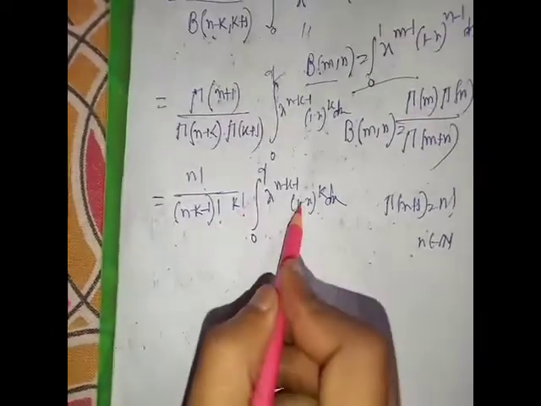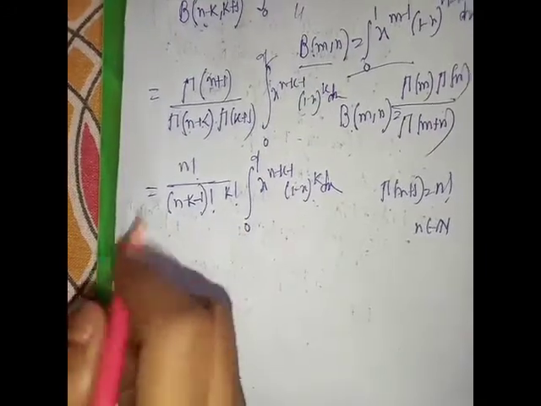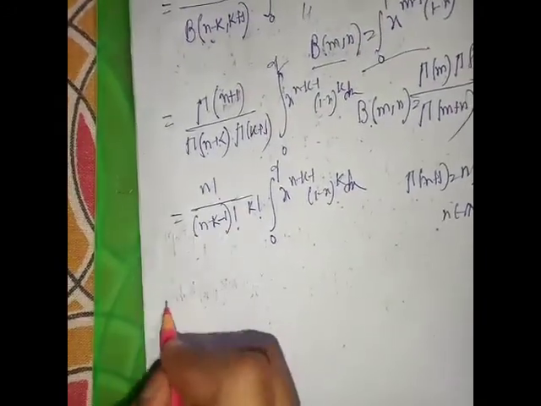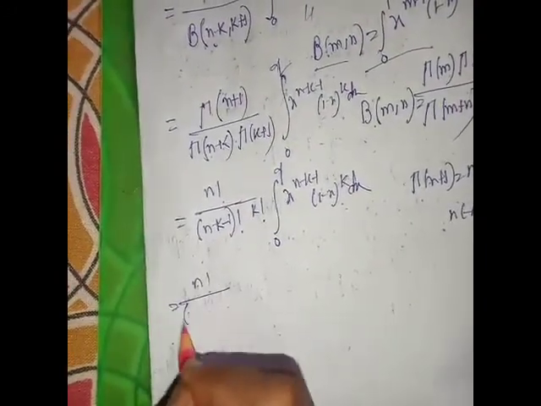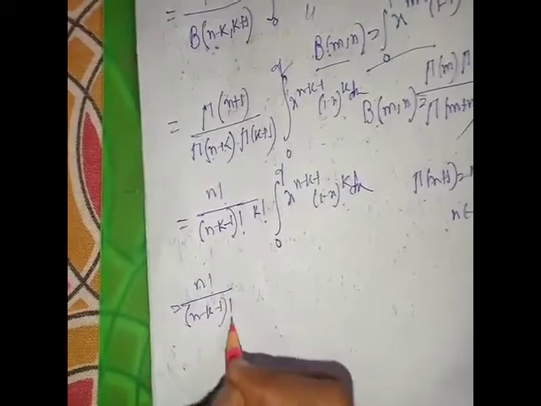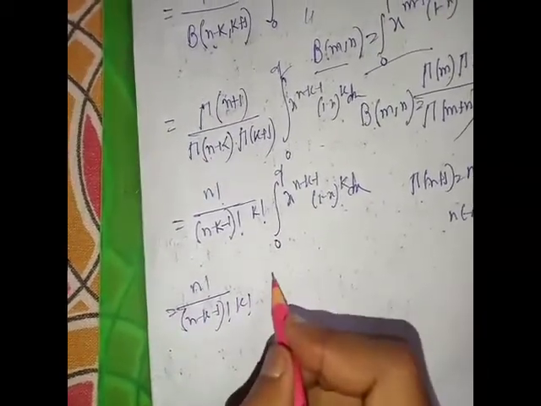We break it by integration by parts. We get n factorial divided by (n minus k minus 1) factorial times k factorial, times the integration by parts.